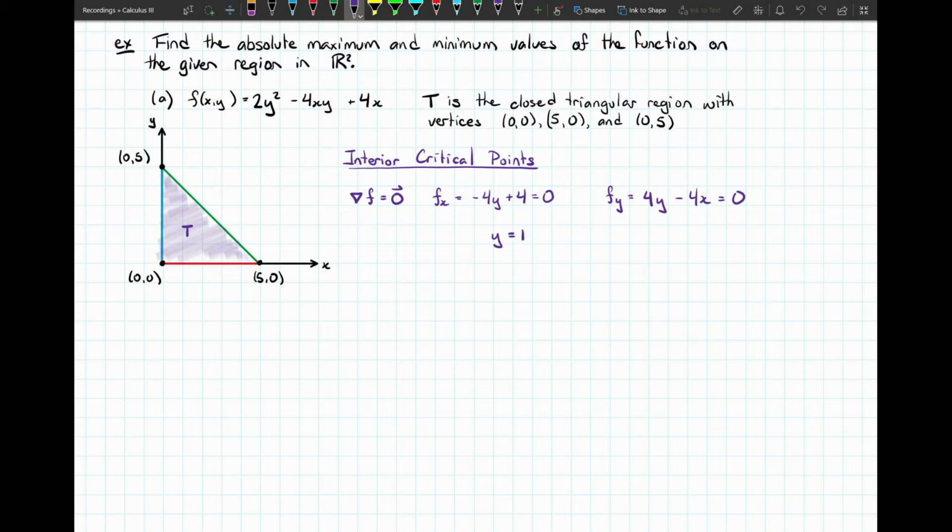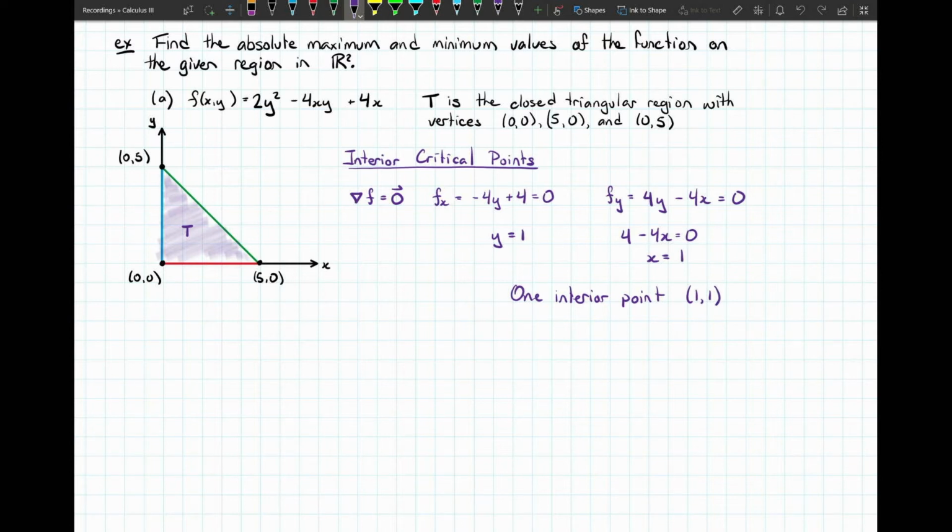That first equation has the solution y equals 1. And we can plug that into our second equation. Substituting y equals 1, we have 4 minus 4x equals 0, and that gives us x equals 1. So right away we have one interior point, and that is the point 1, 1.